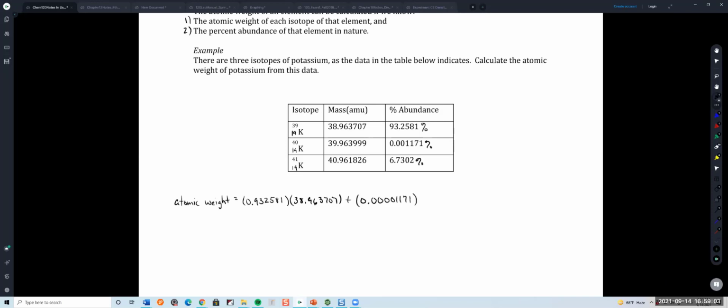Okay, and that will be times 39.96399, plus 0.067302 times 40.961826.